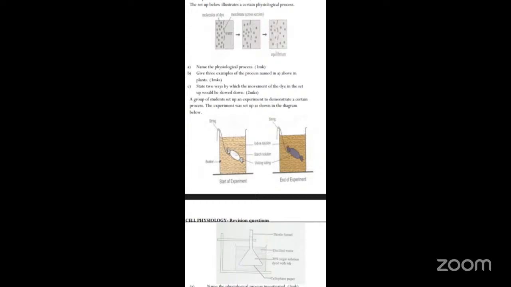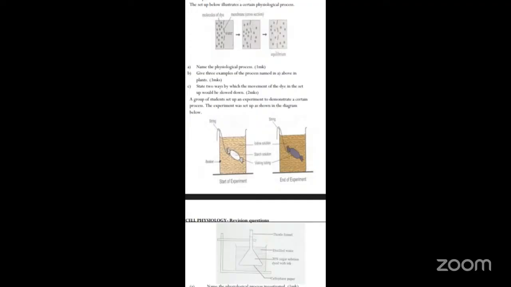When iodine solution comes into contact with starch, the color changes from white to blue-black, or starch changes the color of iodine from brown to blue-black. So when there's contact between starch and iodine, the color changes automatically to blue-black.